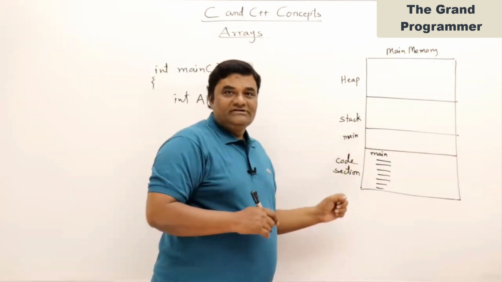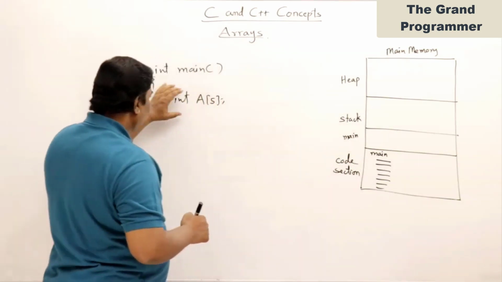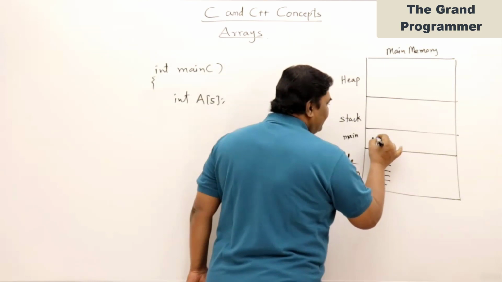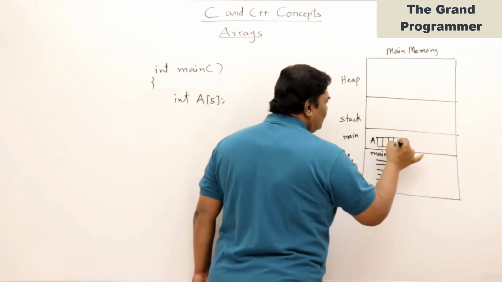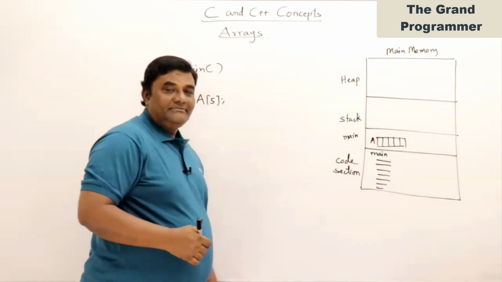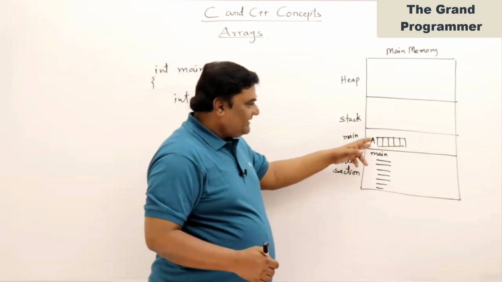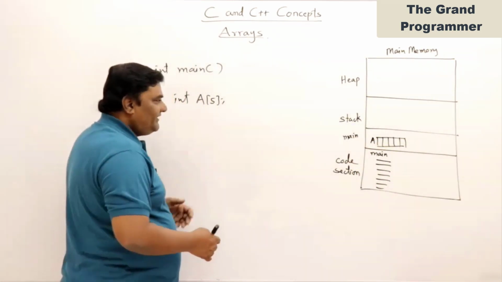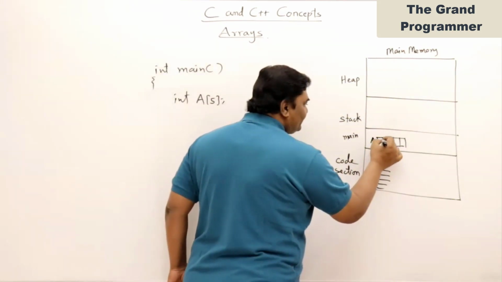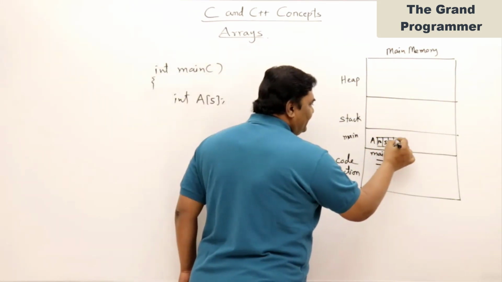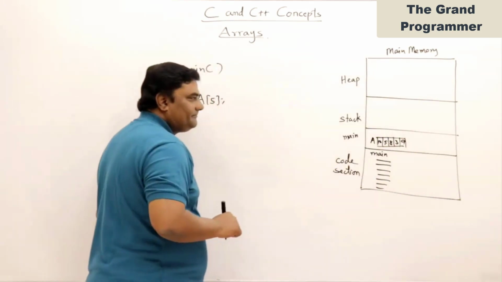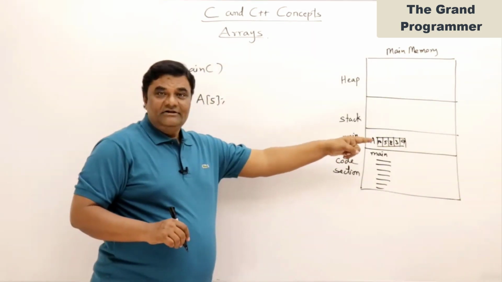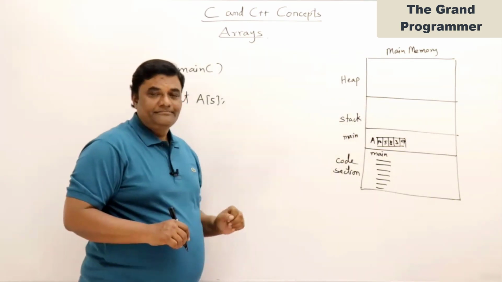The program will be inside the code section, and when any variable is declared, like an array, that array will be created inside the stack. That array will be directly accessible to the main function, and I can directly store values, like I have already shown you: 10, 5, 8, 3, 9. This is how I can declare an array, and I have shown you where the array will be created in memory.